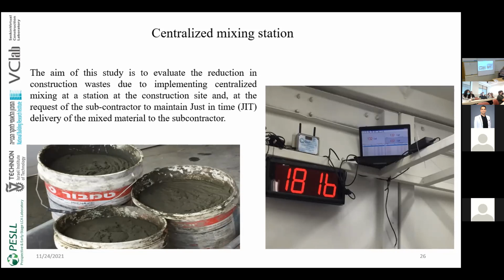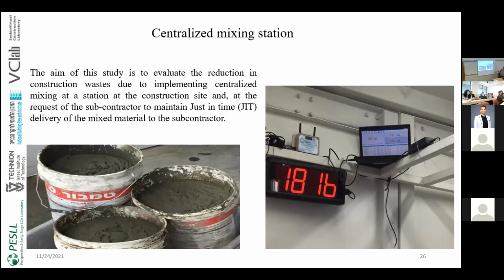So the idea of the centralized mixing station is to mix in a central location in the construction project for all the subcontractors and deliver the mixed materials based on their request. The subcontractors in different locations can send a signal to the worker sitting in the station. The worker receives the signal, as seen in this figure. This signal shows different digits. Each digit represents something.